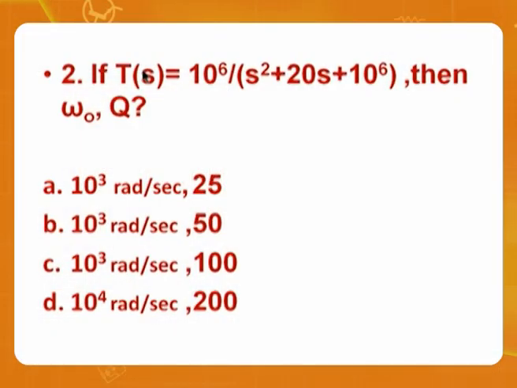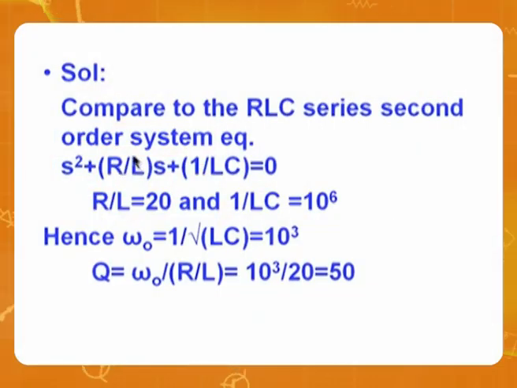Now let's go for the second problem. Transfer function is given as 10 power 6 by s square plus 20s plus 10 power 6. Then calculate omega naught and quality factor. These are the options given. What is our standard equation? Our standard equation is s square plus R by L into s plus 1 by LC. So what is R by L?